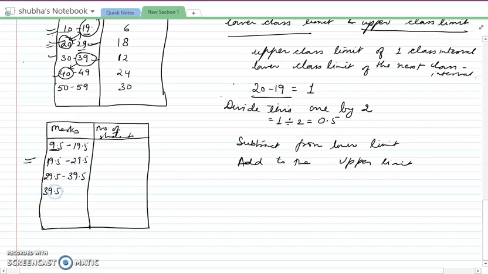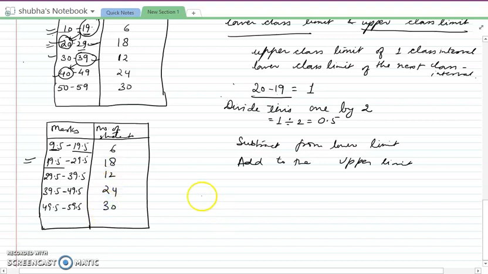Then 40 minus 0.5 is 39.5. 49 plus 0.5 is 49.5. Likewise, 49.5 and 59.5. So this has been converted into an exclusive class interval, where the upper limit of one class interval and the lower limit of the next class interval are the same. Now this will become easy for us to make the histogram.